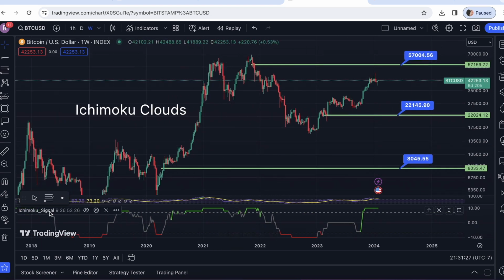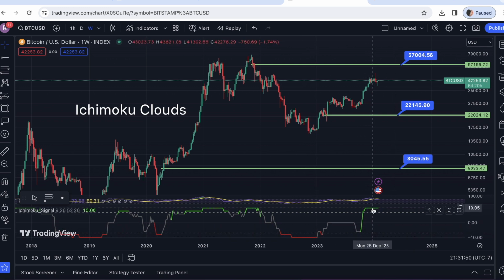And I even added another signal that is free. It doesn't really look that cool, but you guys can see that when Bitcoin was around these areas, the all-time high of Bitcoin, we were in the green area, and as we started crashing, we went to the red area, and this was Bitcoin's bottom for now.